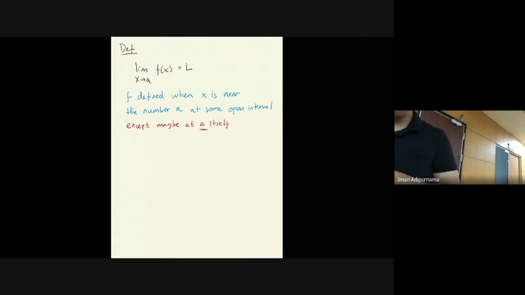So that means maybe the function is not defined at a. But close to that a, we can see it's getting closer to some value. That's why it has a limit, but it's not defined on that x.